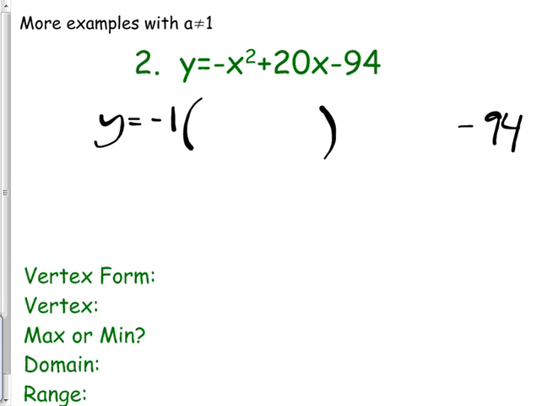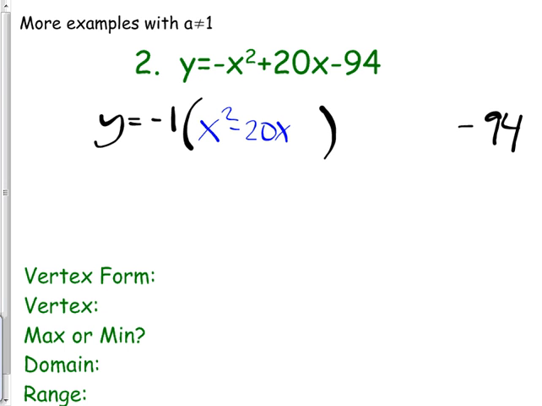If I take a negative off the x squared, then the x squared doesn't have anything on it anymore, and that's good. Careful with the 20. It's not plus 20 anymore. It's minus 20x. And now I can do my half and square.